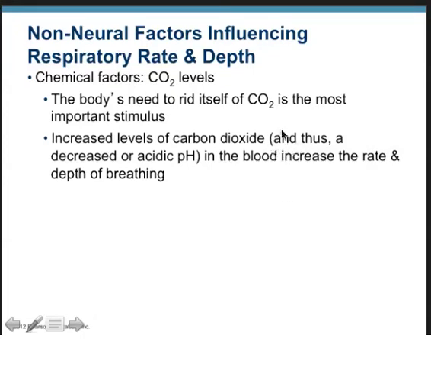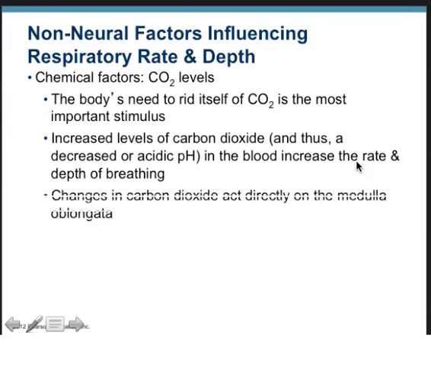Remember that carbon dioxide, as it accumulates in the plasma, forms carbonic acid, which in turn will dissociate, forming protons that will cause the pH to drop. And this in turn will eventually cause the rate of breathing and the depth of breathing to increase. The changes in CO2 concentrations act directly on the medulla.